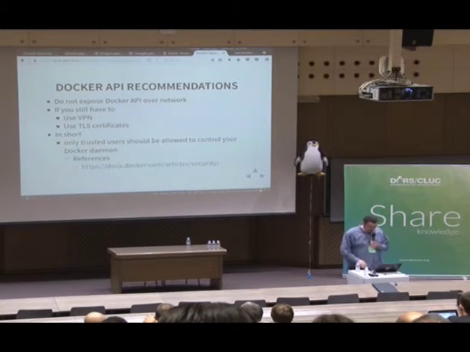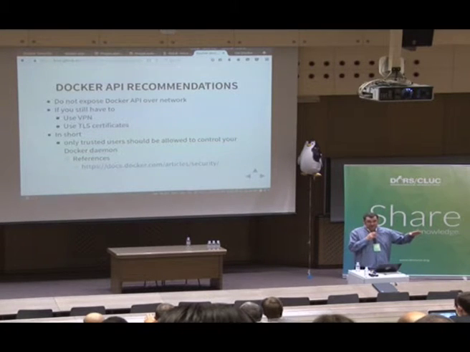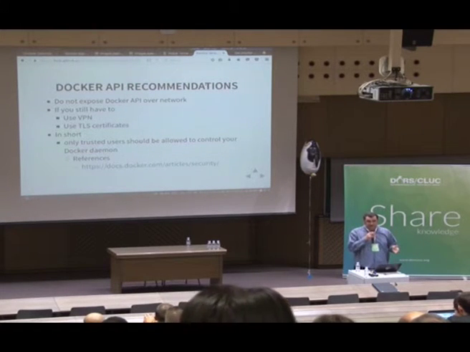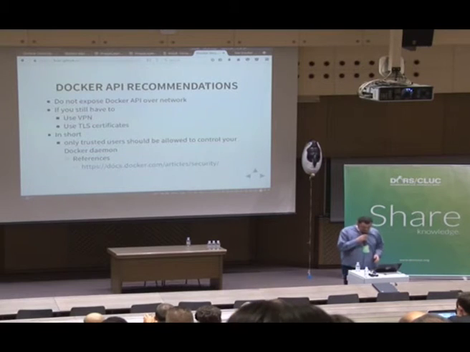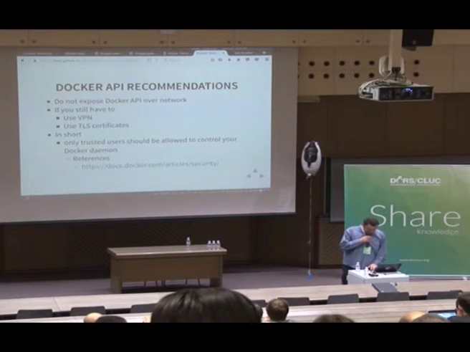In short, only trusted users should be allowed to control your Docker daemon. The problem is if you have some kind of hosting and you need to control it, right? You have to pay special attention if you are sending something to this control host and your input is not escaped, right? So you can get some kind of Docker injection, right?